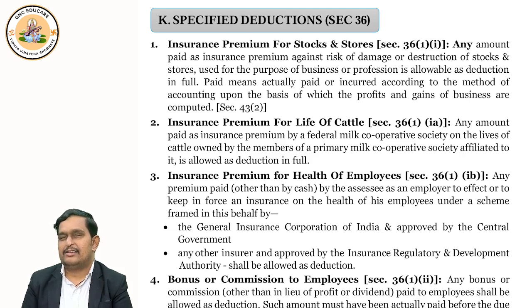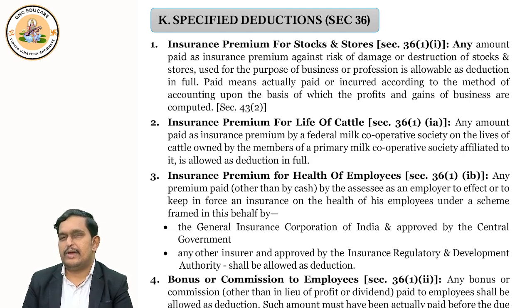In that, the most exhaustive list of items where a lot of deductions are given or listed is section 36. So this is an important section for you, right? Remember, only the items given in section 36 are deductible under this section.